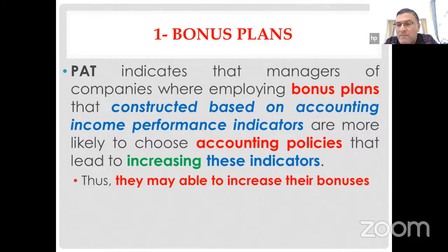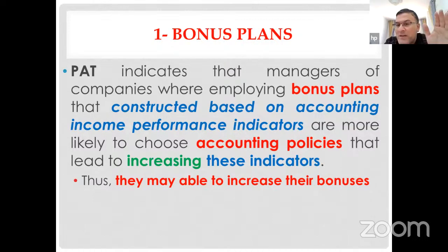Since our bonus plans as a management of companies are tied to the accounting indicators of a company, it is a benefit to me as a manager to hit these targets, or even to make them higher than the benchmarks of these indicators.